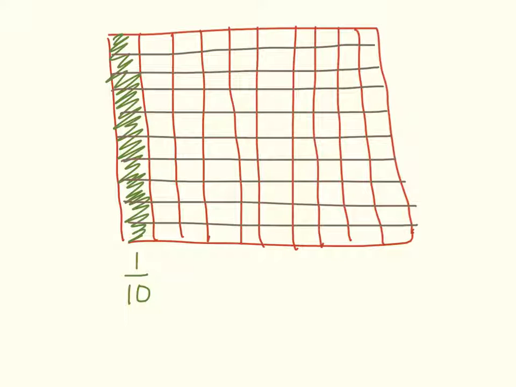Now, this right here, this little tiny piece right up here in the corner, is 1/10 of 1/10. I hope you can kind of see how that is working. It's 1/10 of the 1/10 that we originally started with.